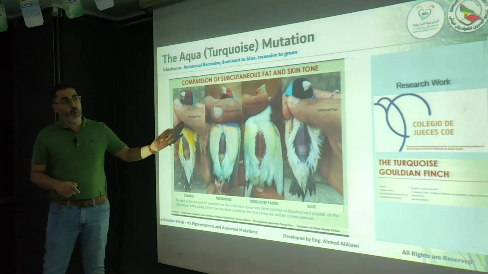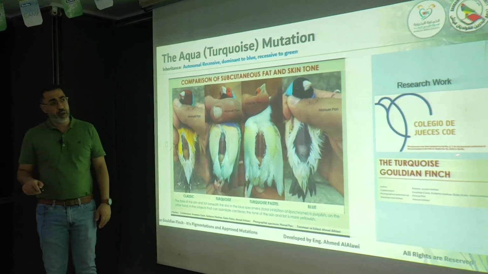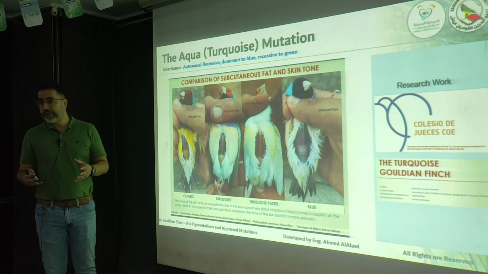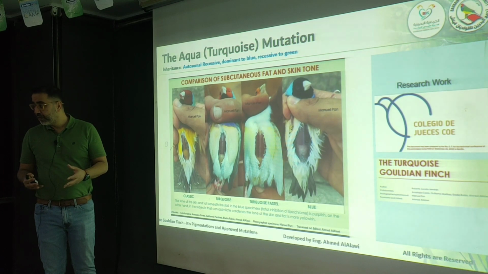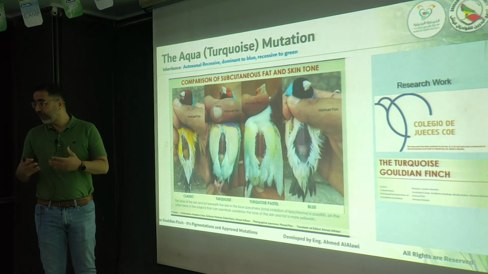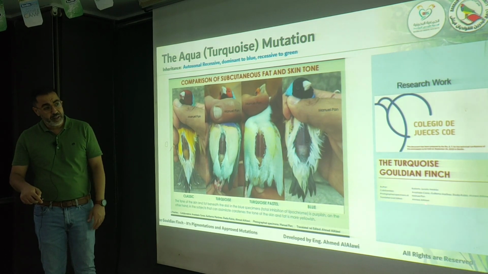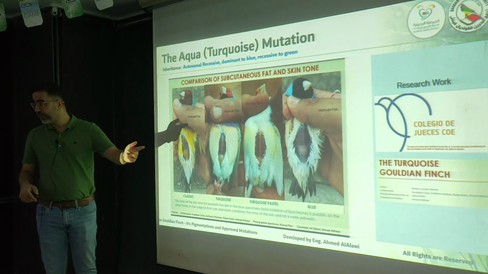There has been some work that went on by the COE Federation in Spain. Several breeders came together to come up with the results. So we did a research, and I was one of them.